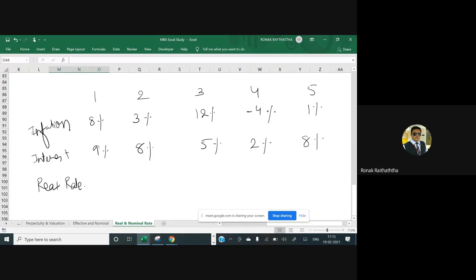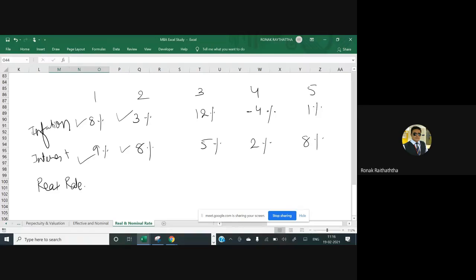Another country has 3% inflation and you get 8% interest. So in terms of real rate, which country gives you the highest rate? If you want to establish this, you cannot just compare the nominal interest rate as it is. You'll have to find the real rate and find the best alternative available.